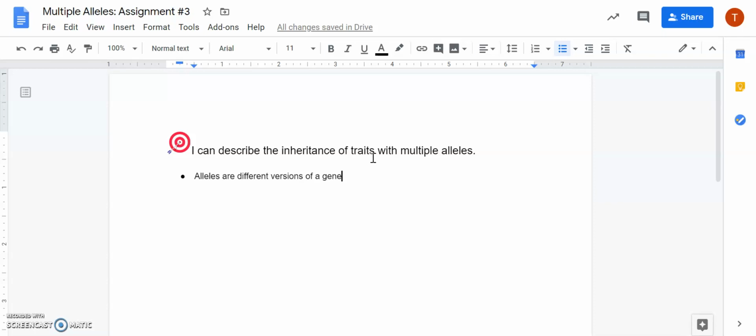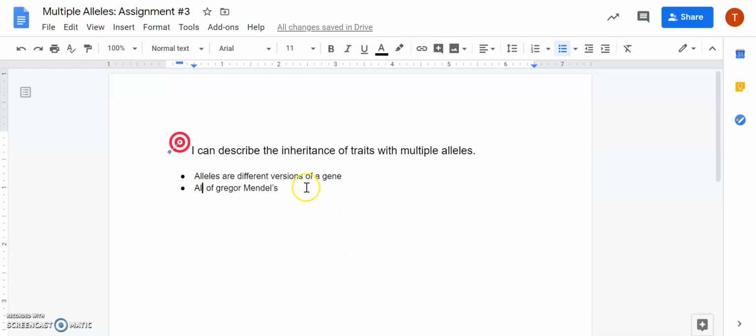But in a lot of situations, there are actually multiple different alleles that are possible in a population. Each individual can only have 2 copies, but there may be multiple different kinds in the population. One of the good things was that all of Gregor Mendel's traits that he looked at had just 2 alleles.